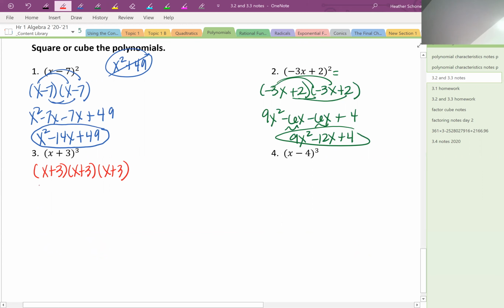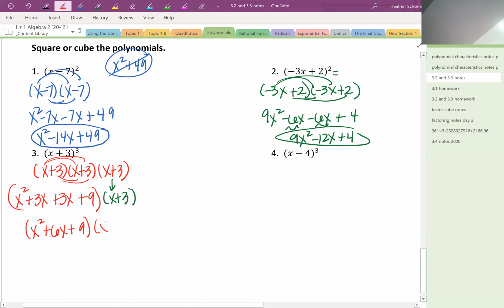So when I do the first 2, I'm going to get x squared plus 3x plus 3x plus 9. Then this one, I'm just going to carry straight down. I haven't used it yet. Simplify in the parentheses. So I get x squared plus 6x plus 9. And this is x plus 3.